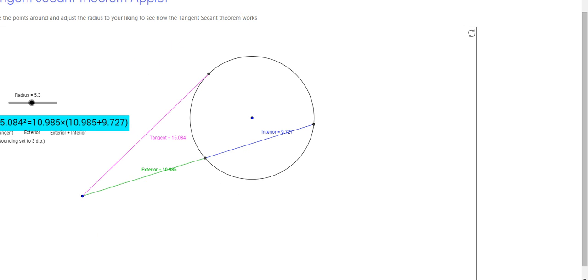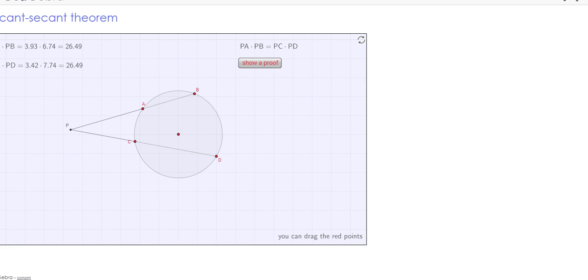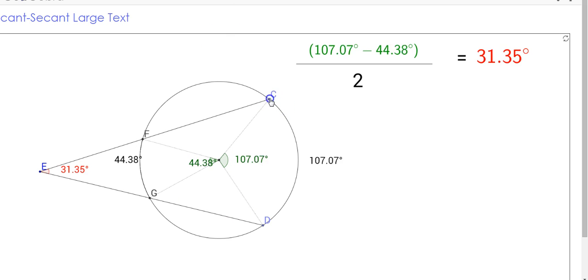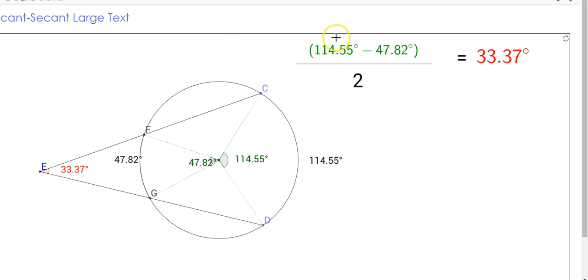Let me show you a quick thing here, the secant theorem. We'll play around with this just to give you an idea of how it works. Up here, they're showing the larger arc, CD, 114.55, and then 47.82 is FG. So this is larger arc minus smaller arc, and they chop it in half and calculate that for you.